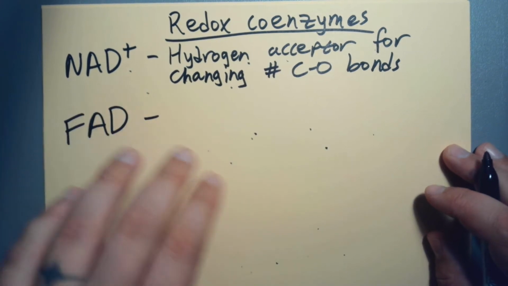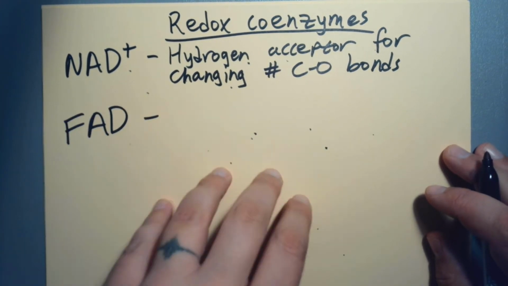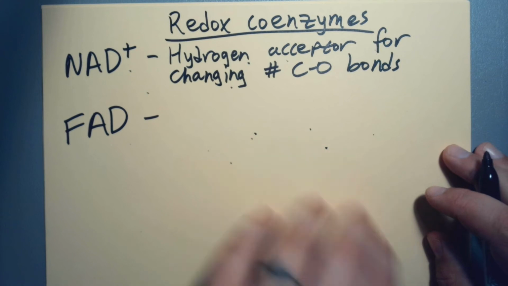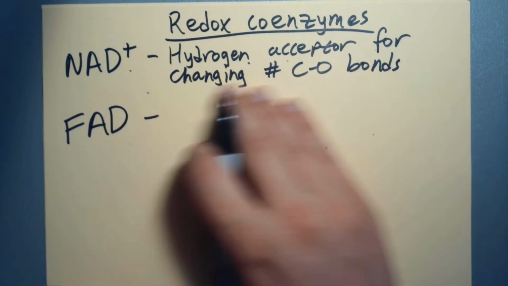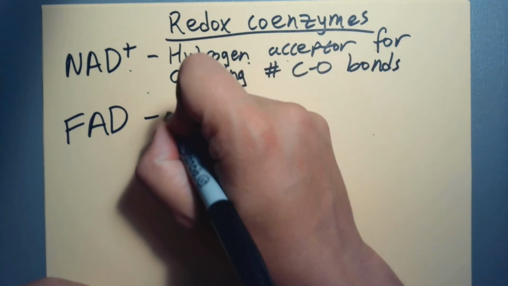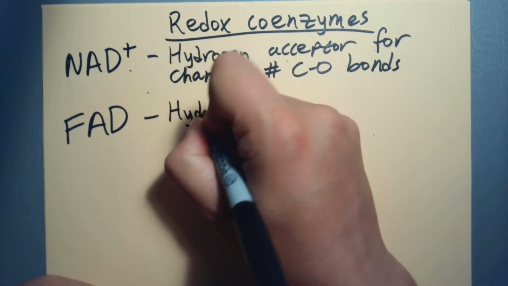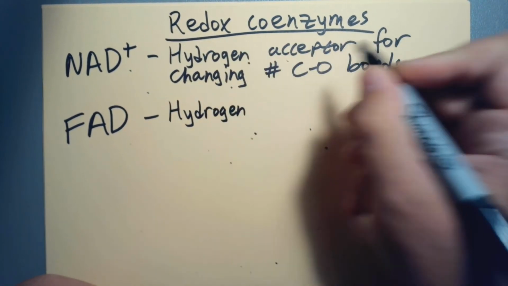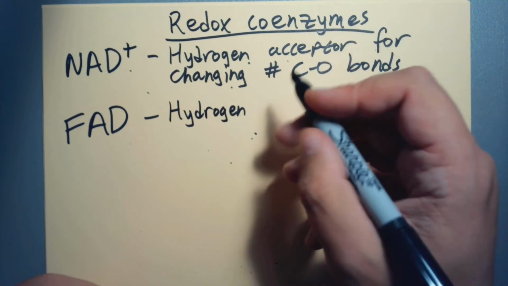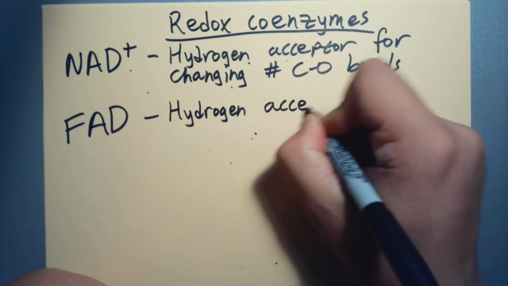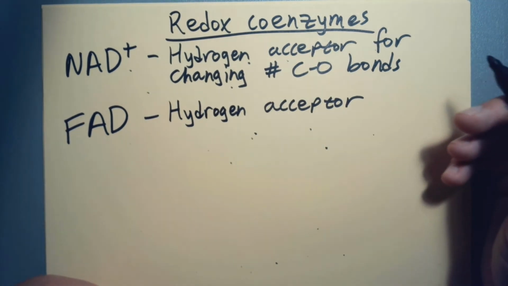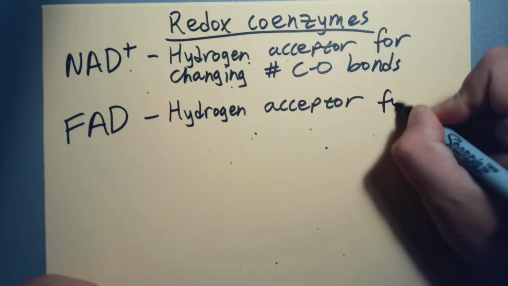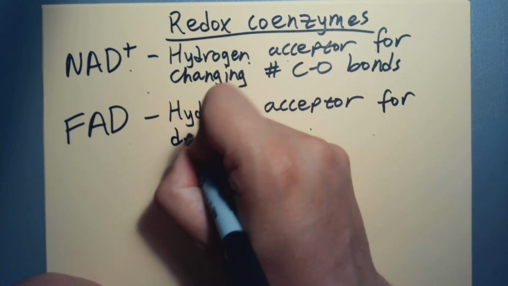We're going to show the chemical equations, and we're going to have the full balanced redox reactions when we're done here. So if this is handling the number of CO bonds, what is this going to accept hydrogens for? What's our other type of redox reaction or oxidation reaction? If changing number of CO bonds is already off the table, what does that leave? Well, dehydrogenation.